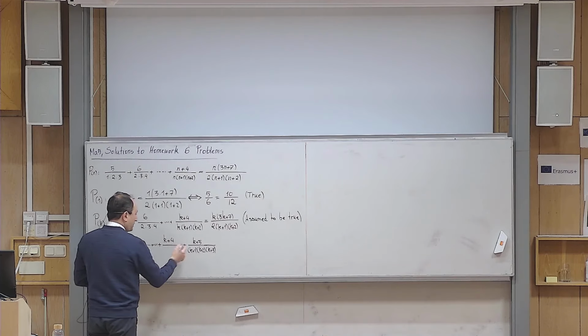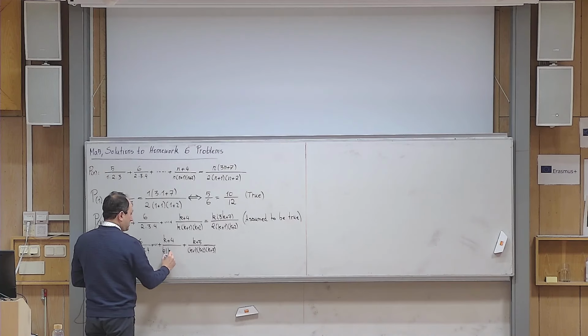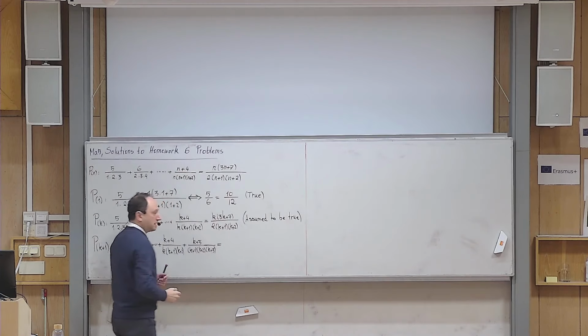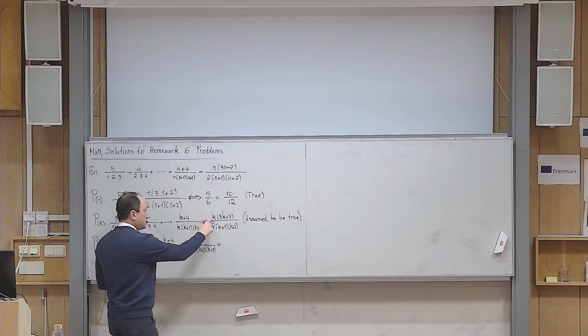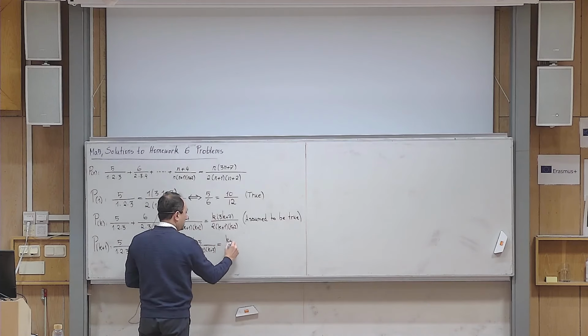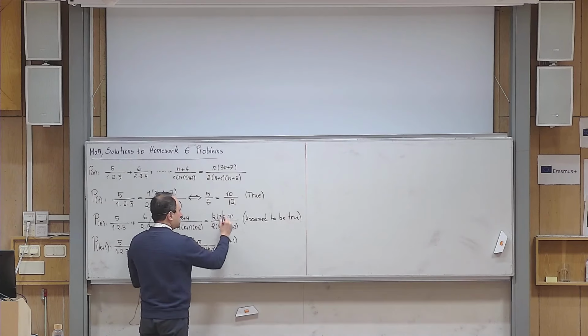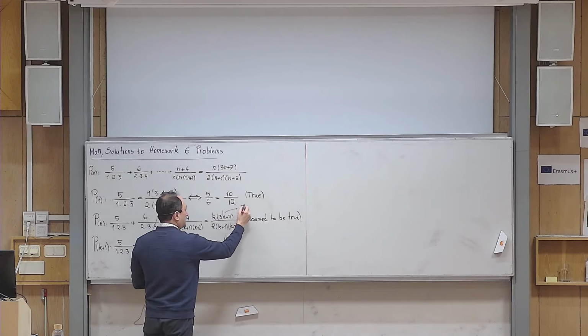We learned about these things during the lesson a lot, so I don't want to spend time on it. But on the right-hand side, I have to replace every k with k plus 1. So this k becomes k plus 1. You have to remember to put it in a pair of brackets. For example, here I have to replace k with k plus 1, but not in this way.